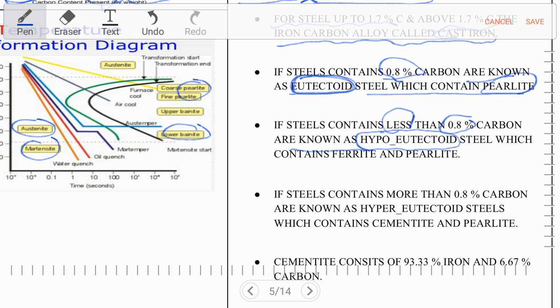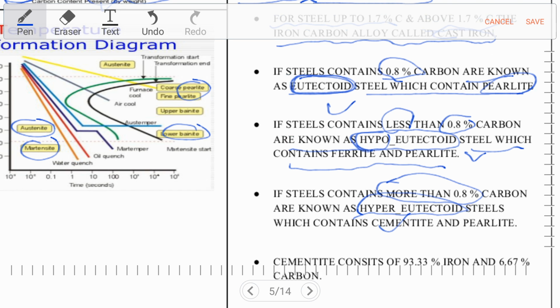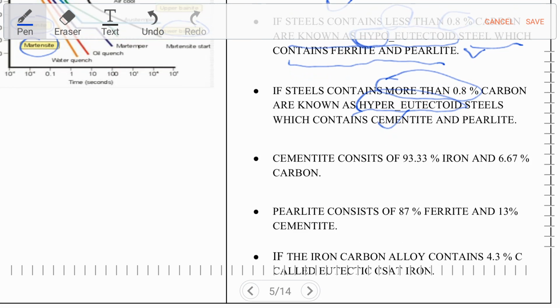If more than 0.8 percent, then it is known as hypereutectoid. Eutectoid, hypoeutectoid and hypereutectoid. In hypoeutectoid steel we have ferrite and pearlite, and in hypereutectoid steel we have cementite and pearlite.